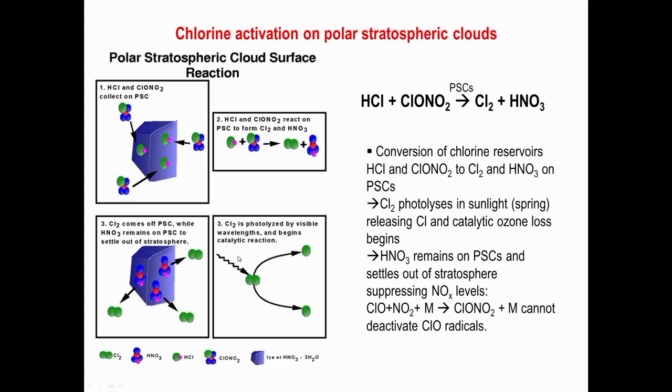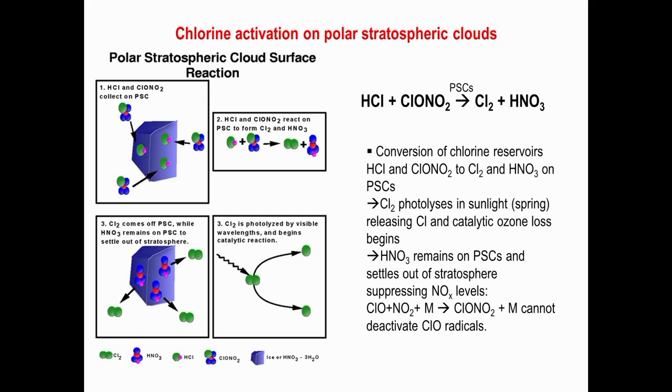When the sun comes out, all of the high energy photons that weren't there when these reactive chlorine gases were made start to break down the active chlorine and form the ClO cycle. And so this runaway ozone depletion can happen because your reservoirs have been turned into the active species.